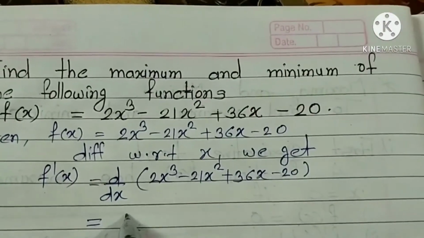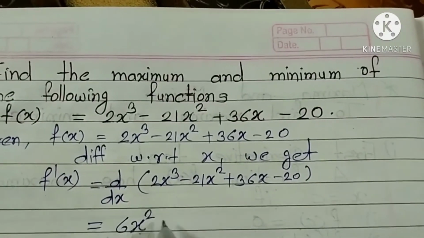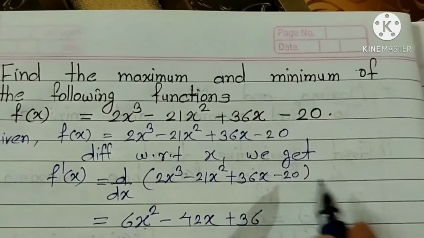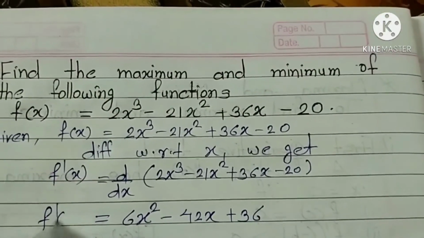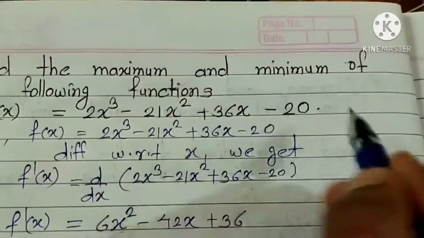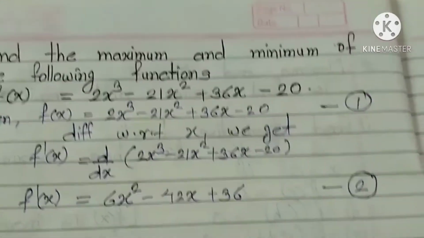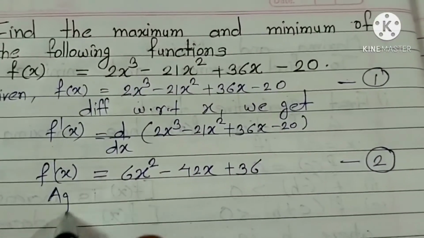Taking the differentiation, it is 6x square minus 42x plus 36, and the differentiation of minus 20 is 0. This is f dash of x. Write f of x as equation first and f dash of x as equation 2, and again differentiate with respect to x.